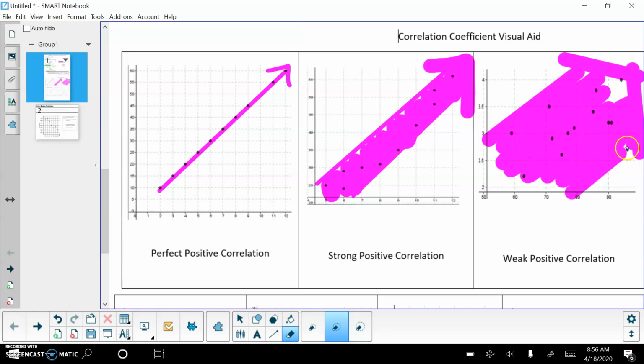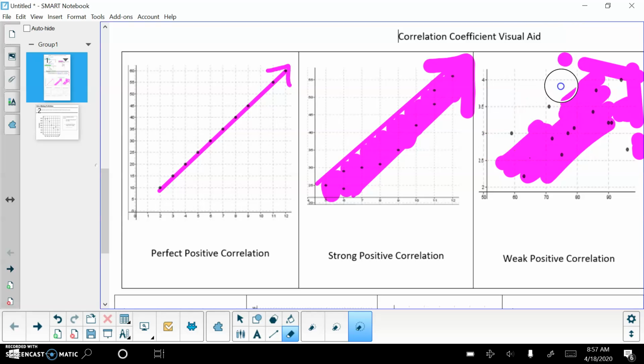This dot over here, I'm going to highlight that by taking it out, is what we call an outlier, and that it doesn't really seem like it fits in with the rest of the dots. And these two dots here also are outliers. They don't even fit in. Most of the dots appear to be in that area. But that's why this is a weak band, because if we look at it, most of the dots are here, but then have these extra outliers which spread it out even farther.